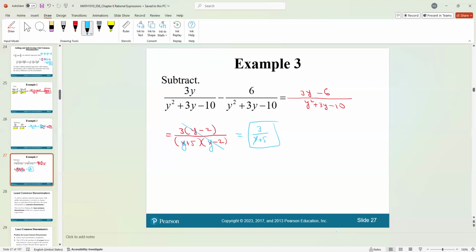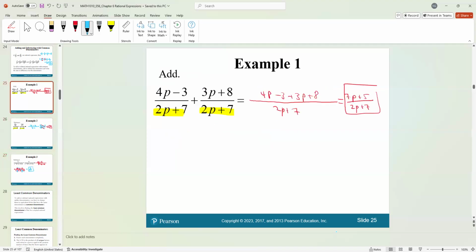Now, in all 3 examples we just completed, the denominators are the same. When denominators are the same, we keep the denominator as is, add or subtract the numerators, simplify, and cancel out again.